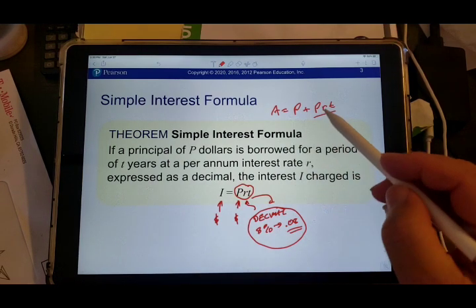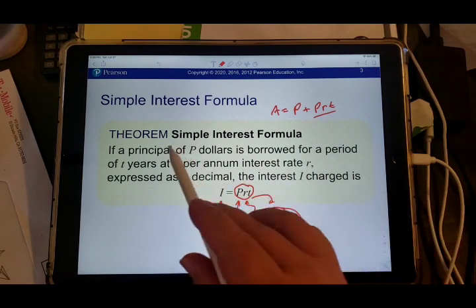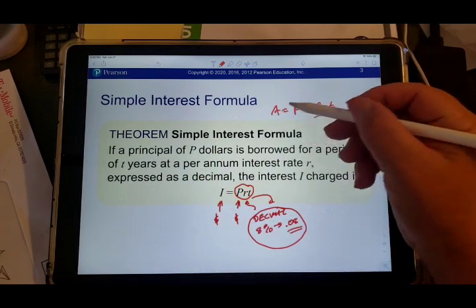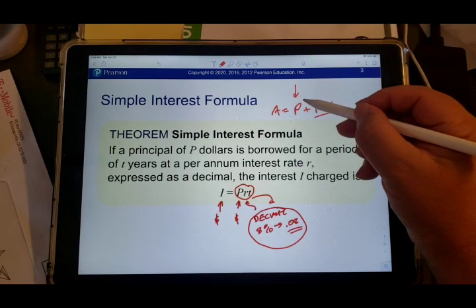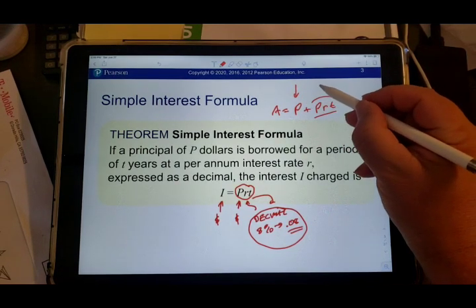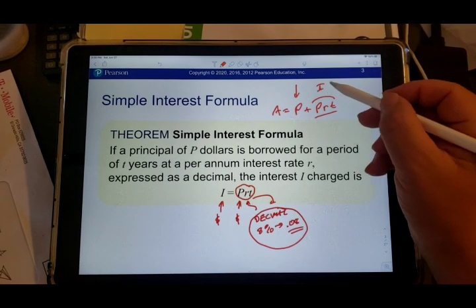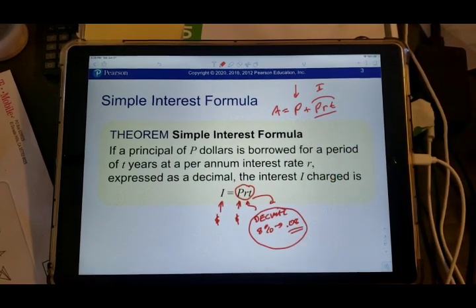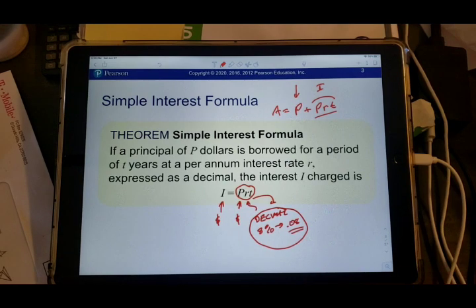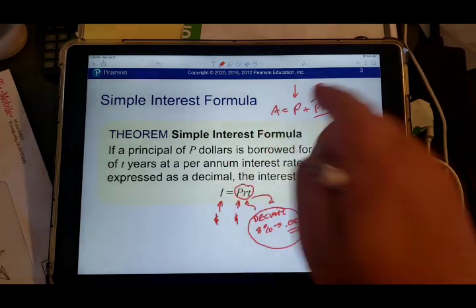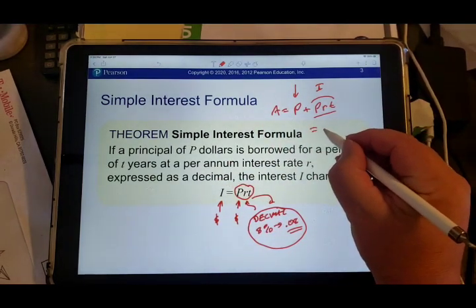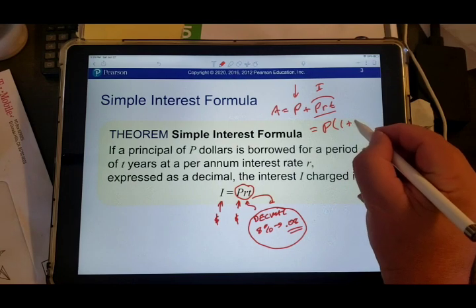Basically, if you have a savings account that pays simple interest, A is the amount of money in the account, P is the amount of money you put into the account, and this is the interest in dollars. So just to oversimplify things, let's say you put $1,000 in, and a year later you were given $100 in interest, you would add those together, and that would be called your amount. And I could even factor this: P(1 + RT).